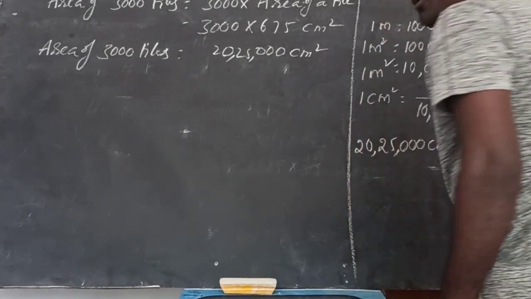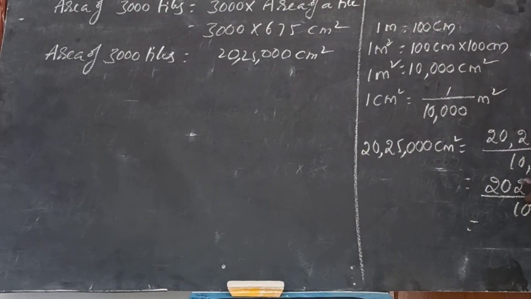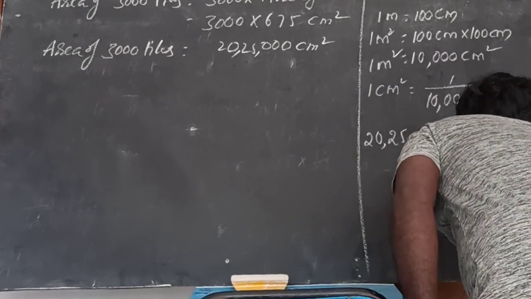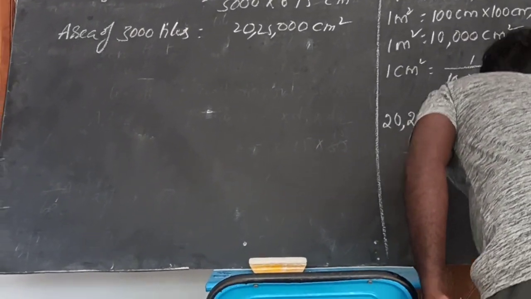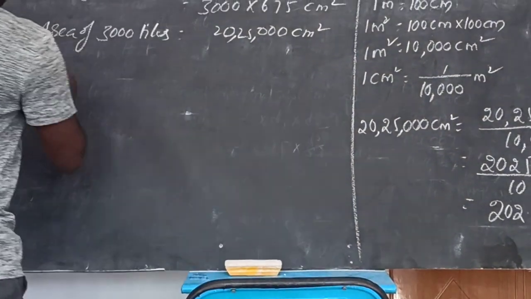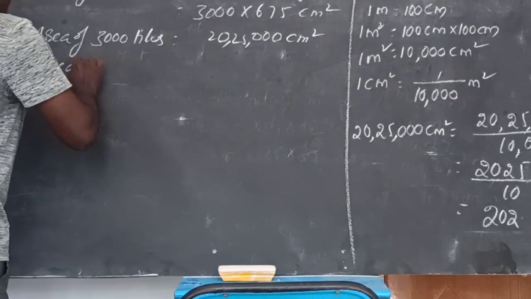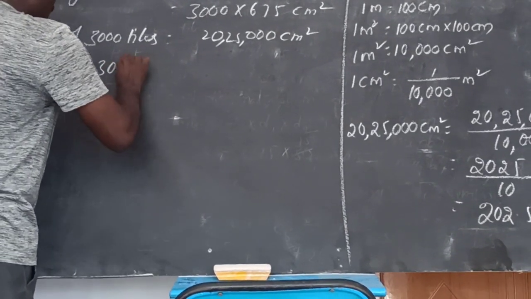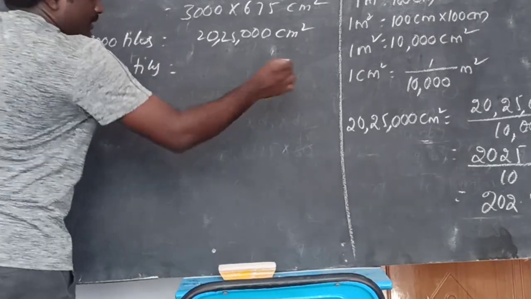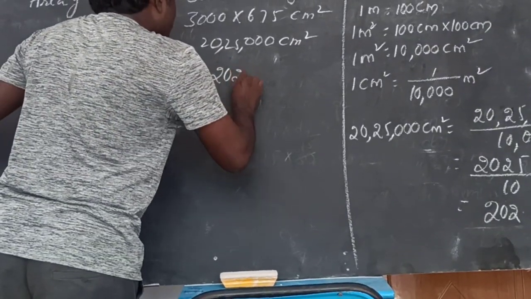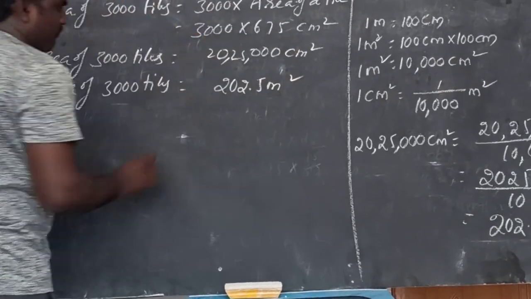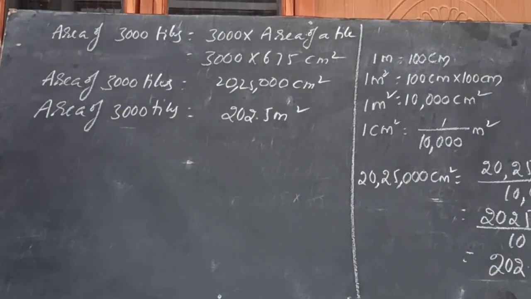The denominator having one zero means we get one decimal, so that is 202.5 meter square. So the area of 3,000 tiles in meter square is 202.5 meter square. So here, what is the question?